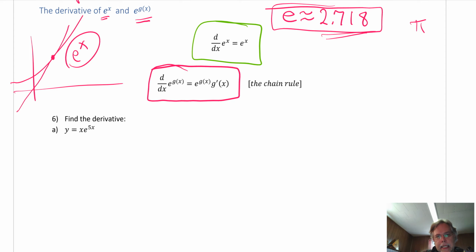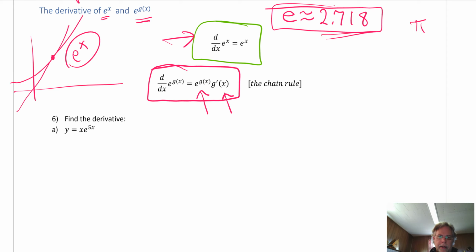Copy it over, and that part comes from the formula for the derivative of e to the x. So the derivative of e to the g of x is equal to e to the g of x times the derivative g prime of x. And so we'll need that when we do example 6.